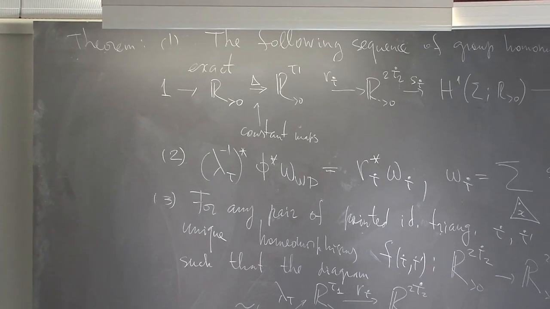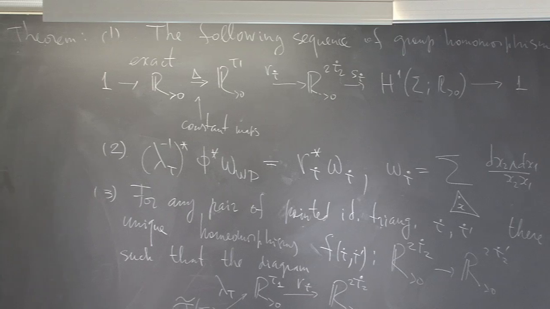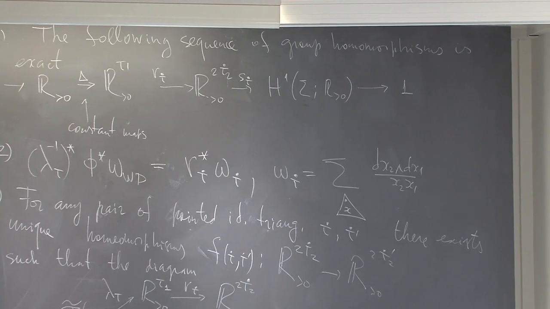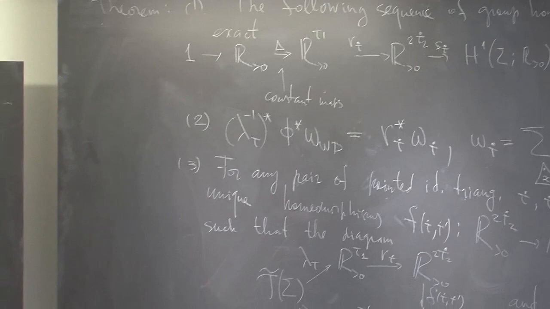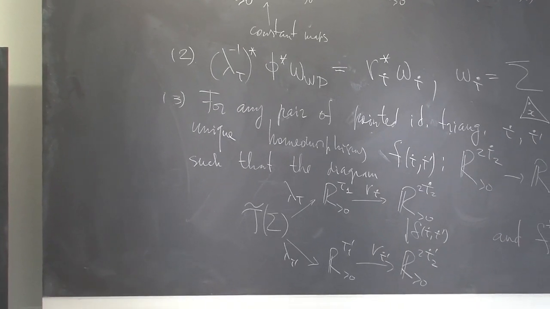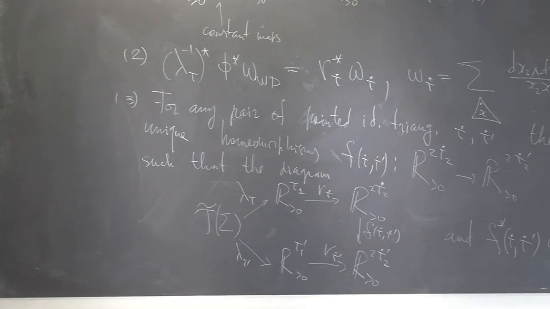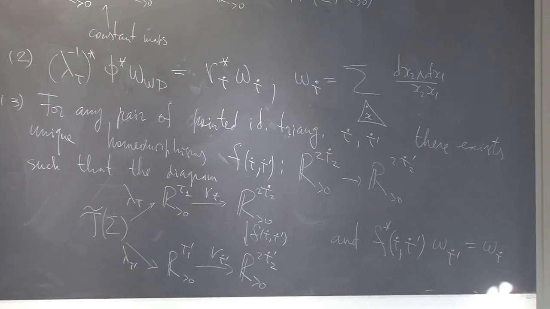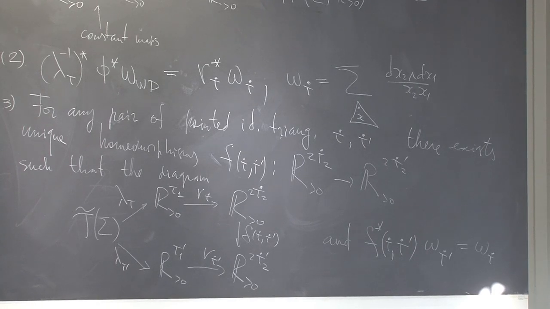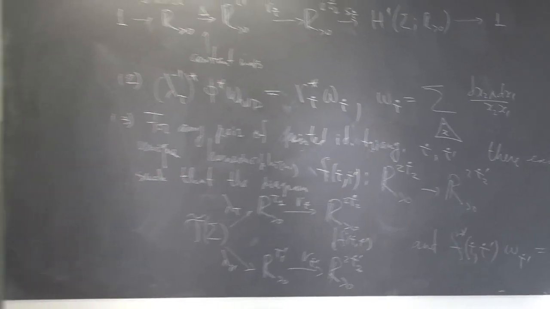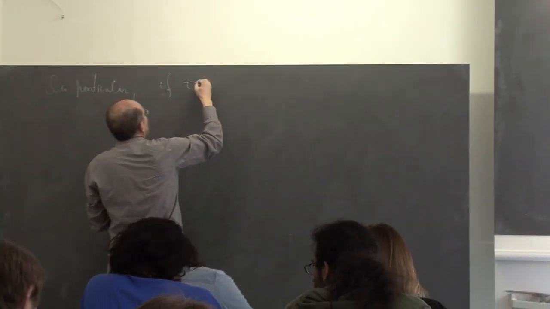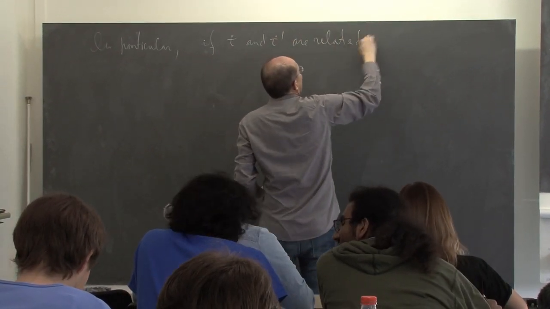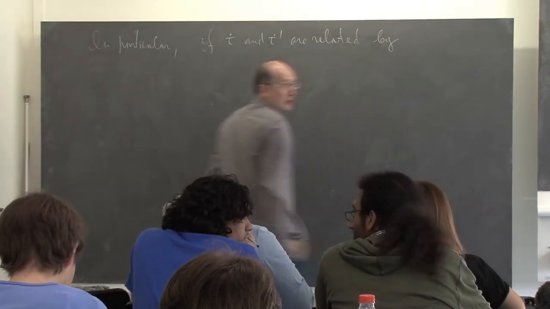And here we describe two particular cases of that. In particular, if tau dot and tau dot prime are related by, so we distinguish two cases.